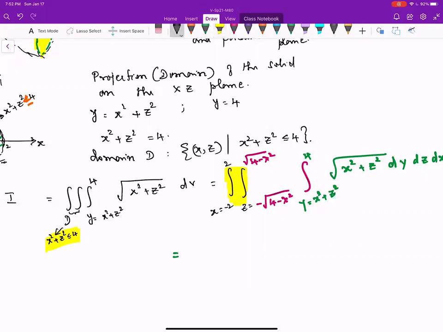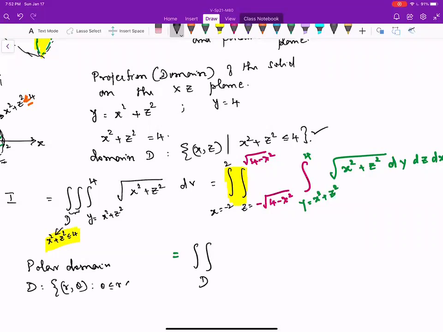So we can write this integral as a double integral over the polar domain. The polar domain is what? The polar domain is D converted to polar, which is r comma theta.